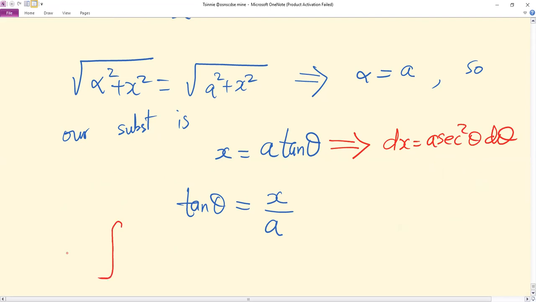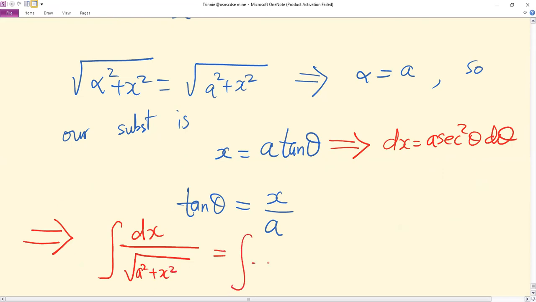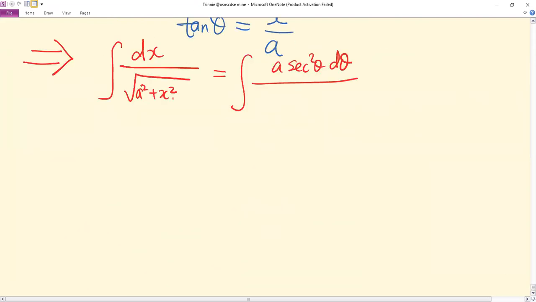Now the integral of dx over square root of a squared plus x squared will be the integral where there's dx you put a sec squared theta d theta. Let's quickly see how this simplifies.